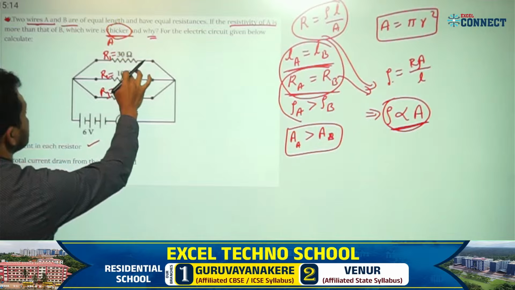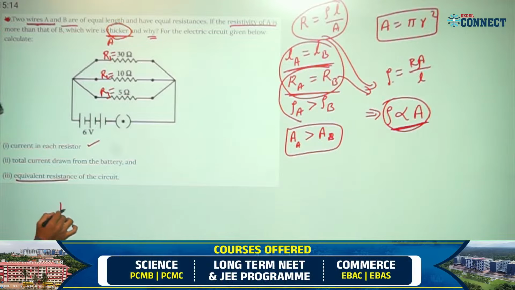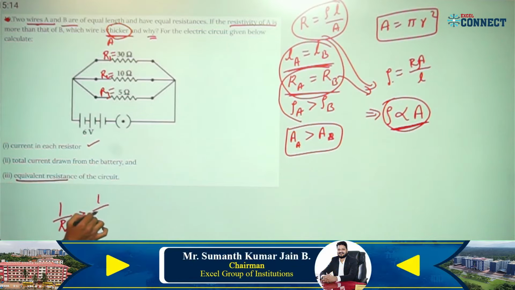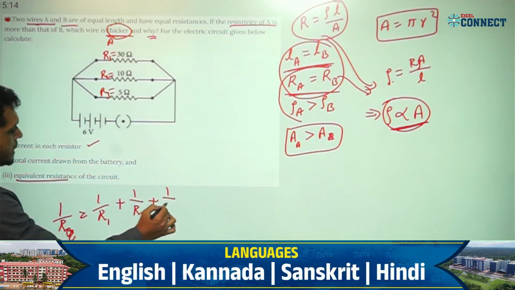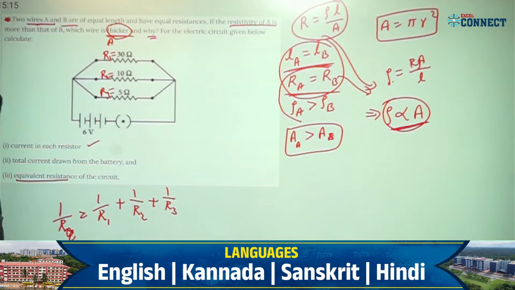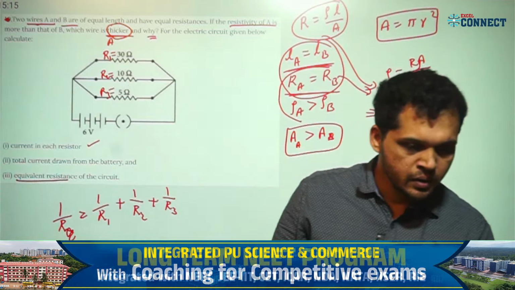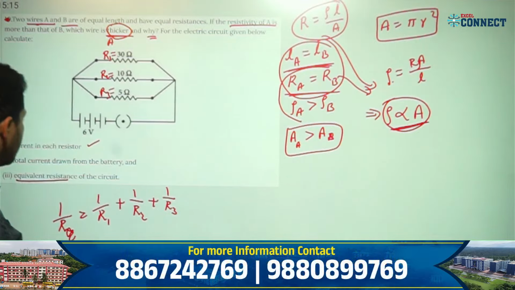Three resistors R1, R2 and R3 are given here. What is the equivalent resistance? 1 by R equivalent is equal to 1 by R1 plus 1 by R2 plus 1 by R3. Three resistors are given.